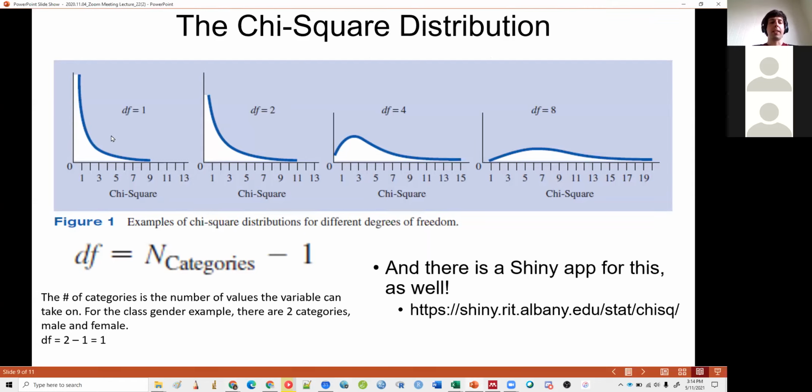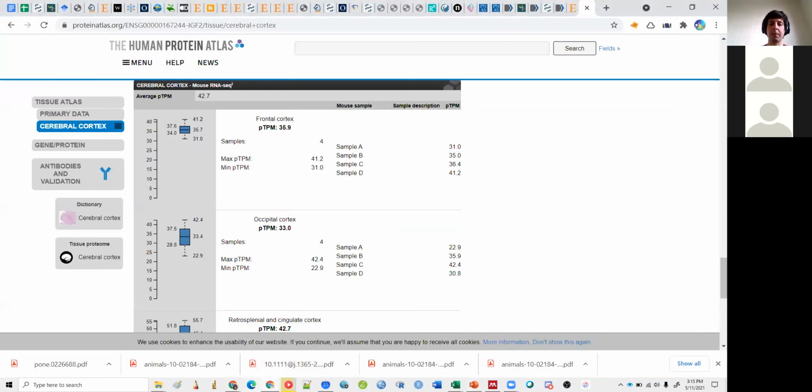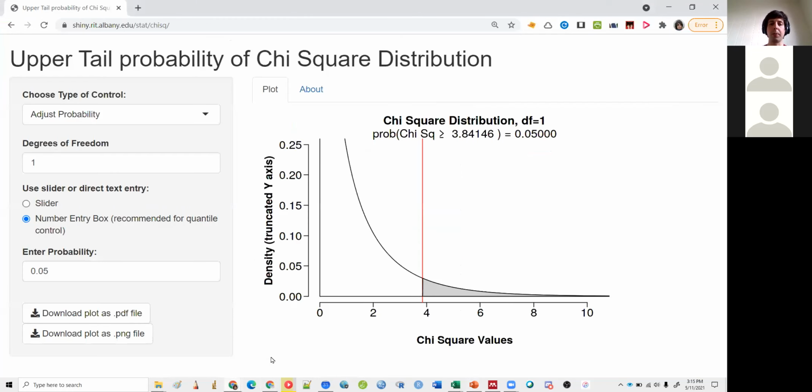So in terms of the chi-square degrees of freedom, as you can see, when you go from 1 degree of freedom to 2 to 4 to higher, it looks like a distribution that is shifting to the right. Before I go back to the chi-square distribution, what do you assume will happen to the cutoff chi-square as you go higher in degrees of freedom?